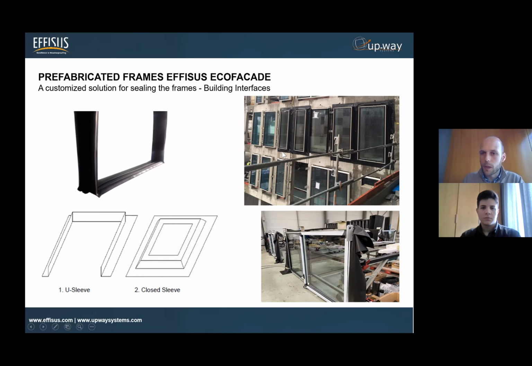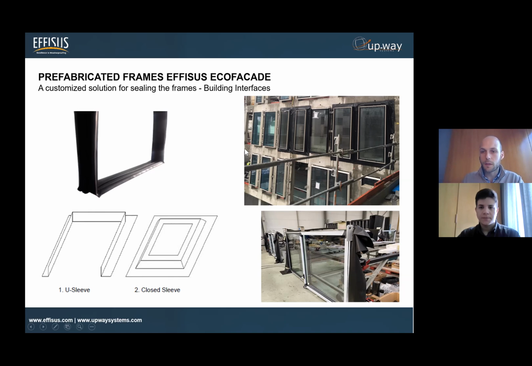Okay, so we need really to understand the similarity. So we need to look into our project. It's important to receive this kind of elevations, this kind of windows scheme, to understand what's the main product, what's the main solution to propose. Okay, and we are available to give you options, to give you prices, so in order to understand what's important or what's interesting to consider in each project.